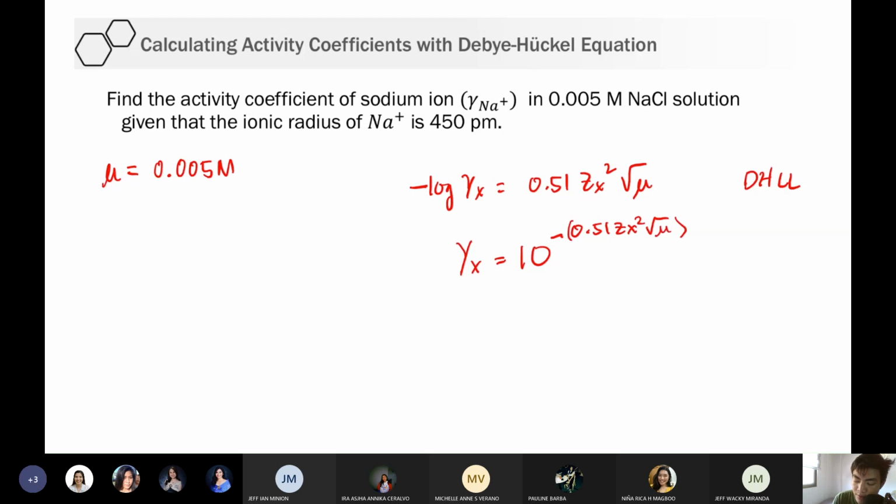So mental derivation na lang, ha? Then we can plug in all our info. Since we are looking for sodium, we're going to assign the charge of sodium here and the ionic strength of the solution.